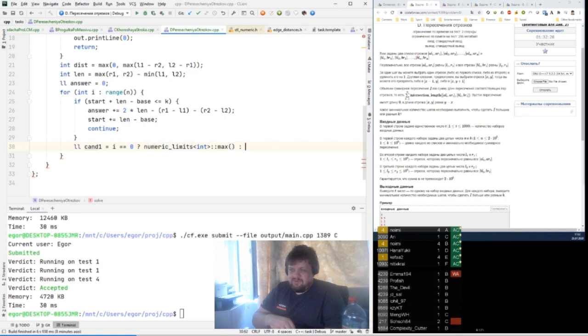Prices would be answer plus 2 times k minus start, which start is not really a good name for a variable, but it's basically our score. Should have named it score and not start.